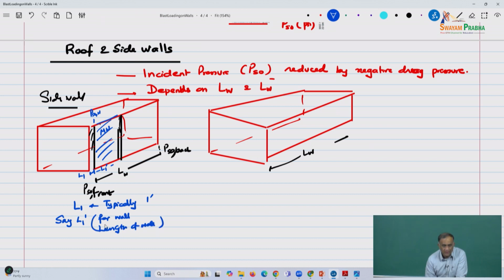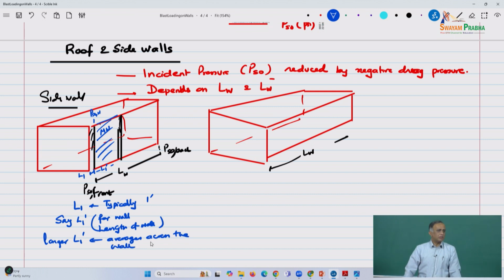What you're doing there is averaging. By considering a longer L1, it averages across the wall. Now if you ask me, will there be damage in the front part of the wall? That again depends. I might design for 1 feet of the front part of the wall and go all the way through. Since you're going through the process, the cost is taken care of in some way, so be conservative to some extent. But if you want to go average, that's fine and completely your choice.